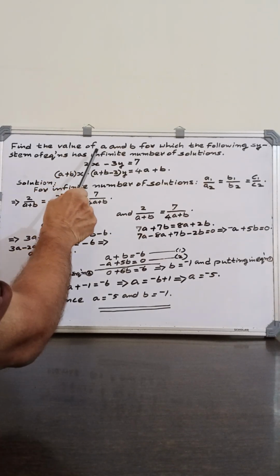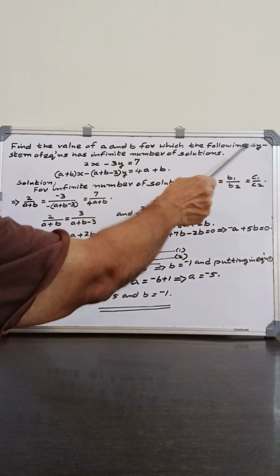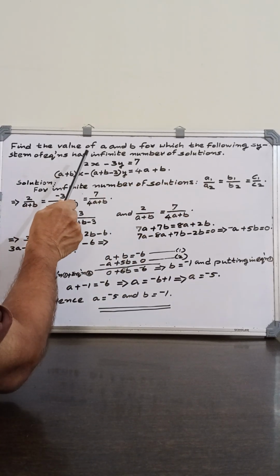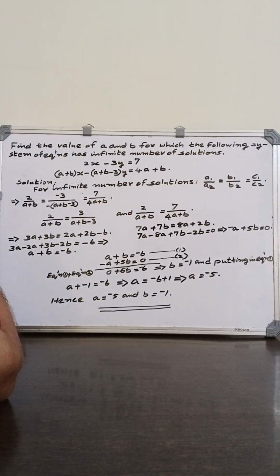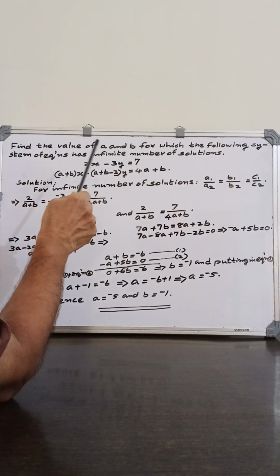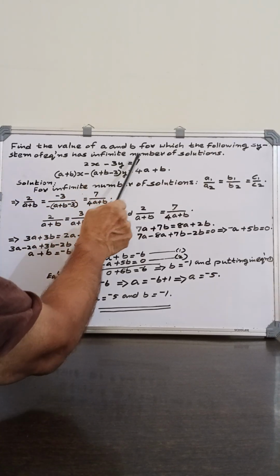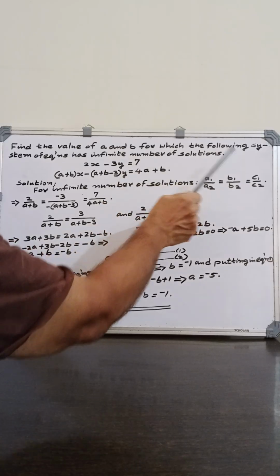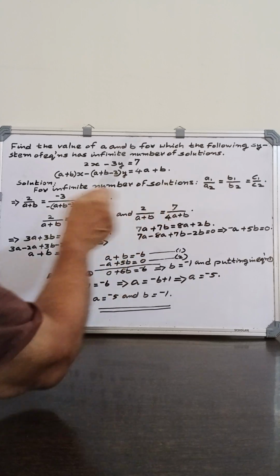Find the values of A and B for which the following system of equations has infinite number of solutions.